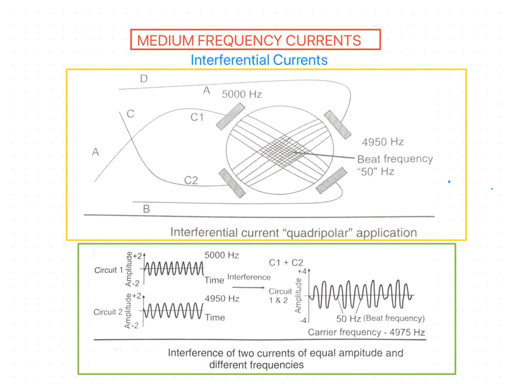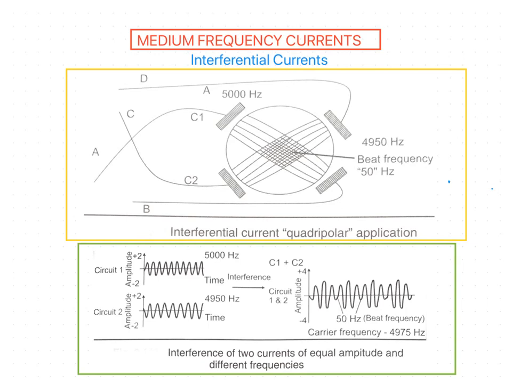This is the most popular form of electrical stimulation used in clinical practice, and as the name suggests, it is produced from the interference of two medium frequency alternating currents of constant intensity. The currents applied through two pairs of electrodes have slightly different frequencies.